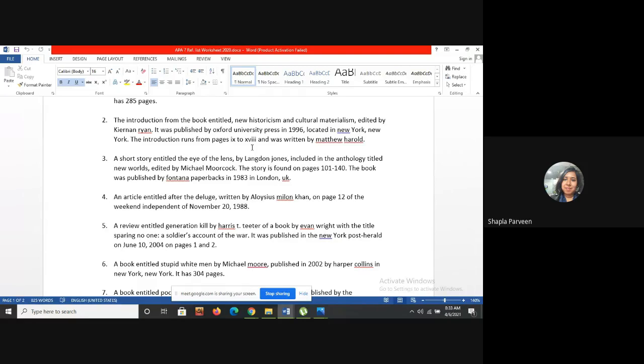So what's the author's name? Matthew Harold. It's a book with an editor, so it has an editor's name and also an author's name. The author's name here is Matthew Harold.